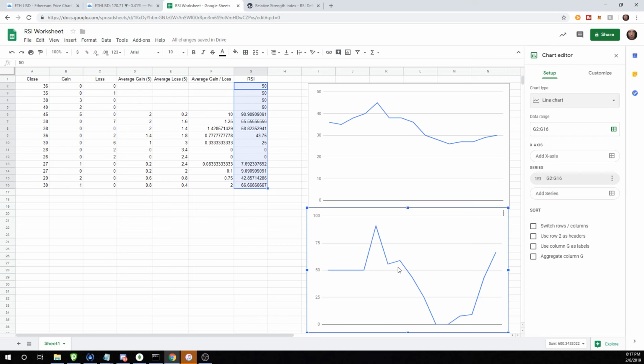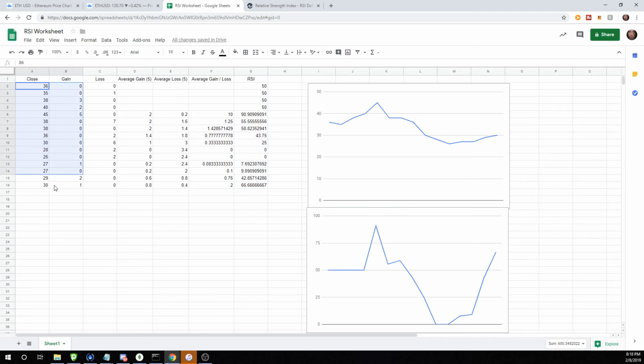Now, the whole point of this is that this graph right here is mathematically computing a trend relative of the gain to the loss. We're showing the ratio of gain to loss as an oscillator between 0 and 100. Now, obviously, when I actually go to do this with a chart, I'm not going to get out Excel and start copying in numbers here.